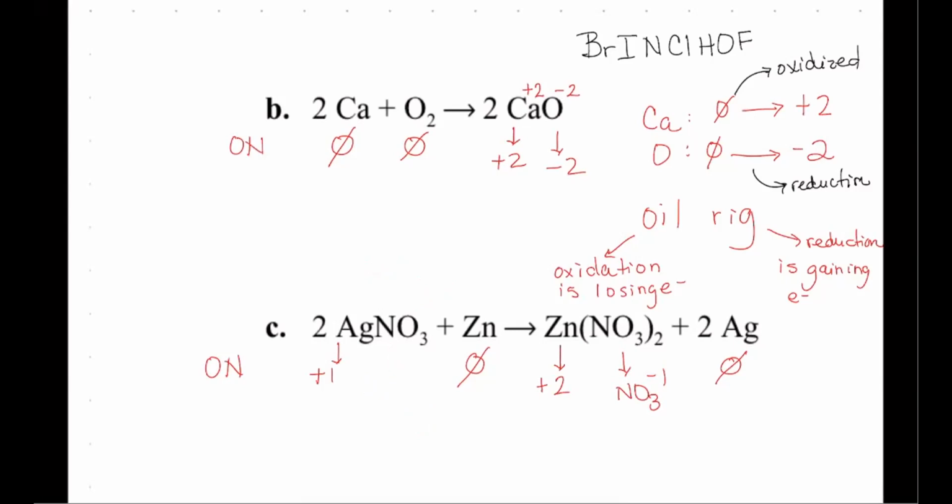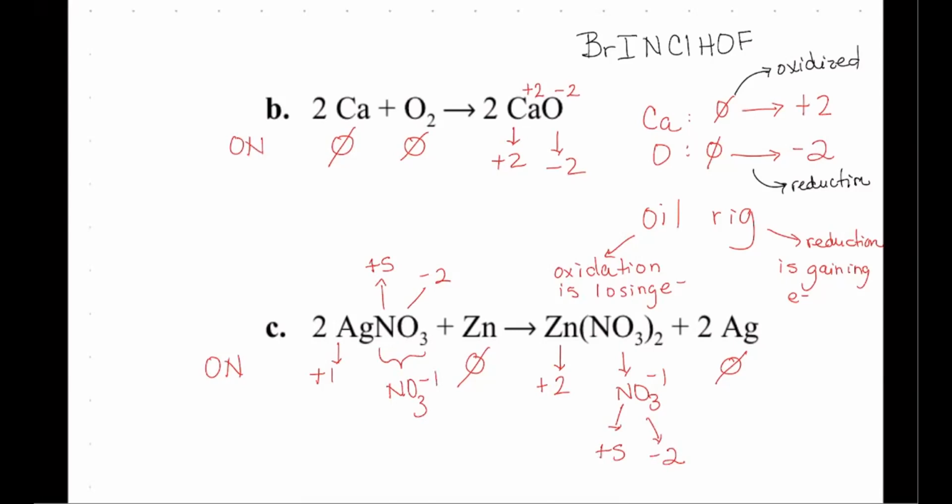So let me make some notes here. This is still NO3 -1, where the oxidation number of nitrogen is +5, oxygen is -2. In this context, nitrogen is still +5, oxygen is still -2. So the only changes here happen at silver and at zinc.